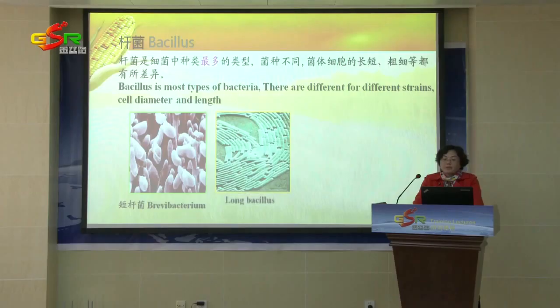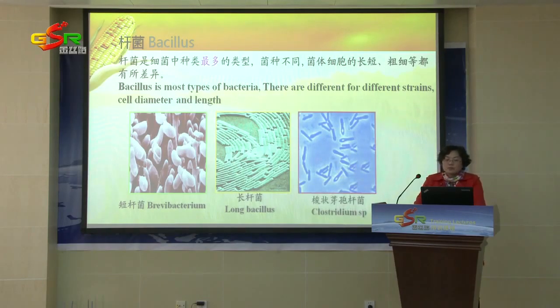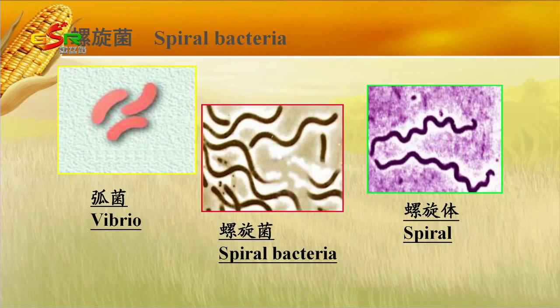Another is bacillus. Bacillus has many types of bacteria, which differ in cell diameters and lengths. Another is spore-forming bacteria, where the spores are different.